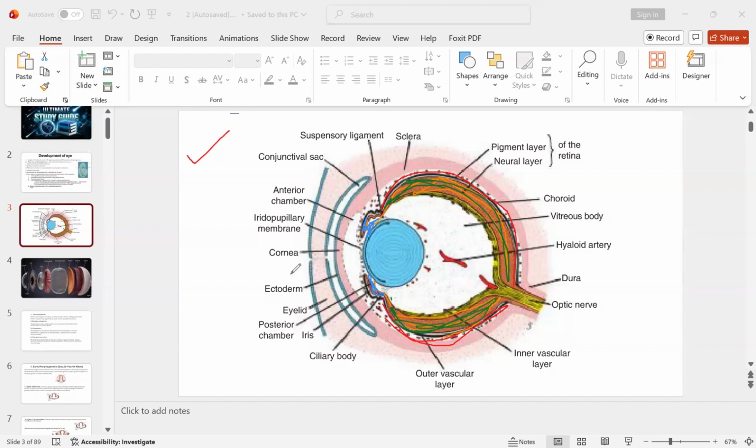The pars ceca retini is again composed of two parts. The one which is present behind the iris, this area, is the pars iridica retini. This is pars iridica retini.